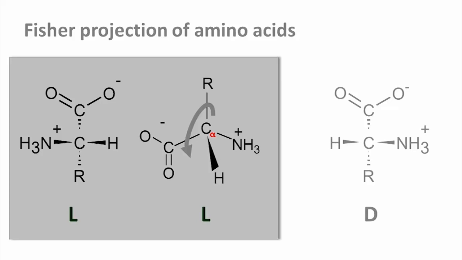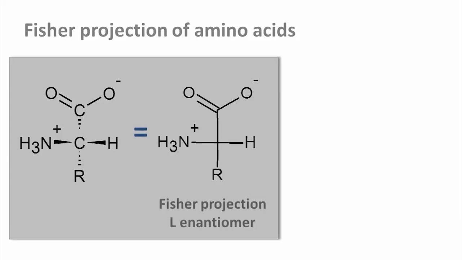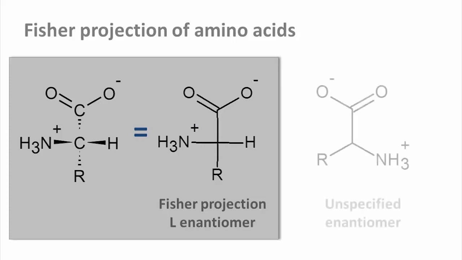Not by coincidence, actually, that's how the nomenclature came about. This projection is then flattened like this to give the Fischer projection. It is important to remember that this representation with the vertical and horizontal bonds has a precise meaning. If we draw an amino acid like this, in the skeletal form, we do not specify the stereochemistry. This could be either an L or a D amino acid.